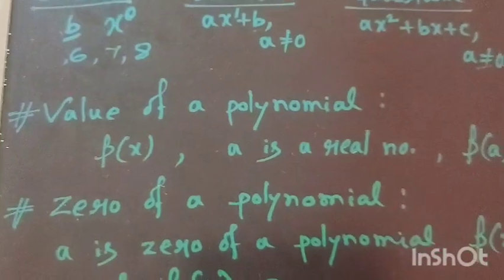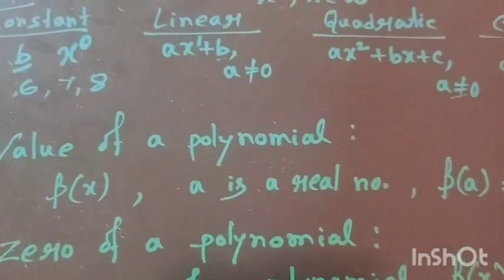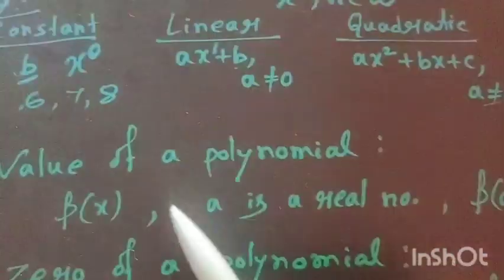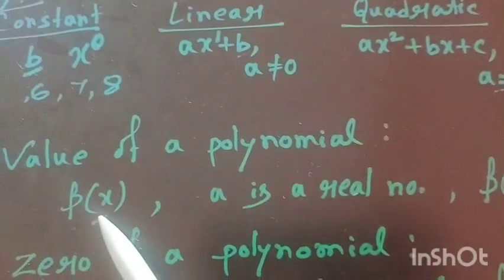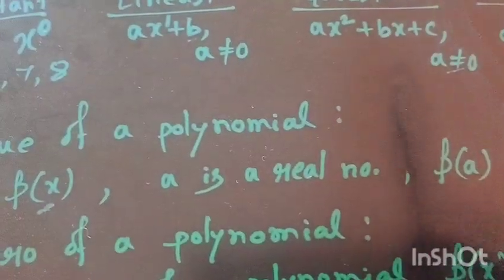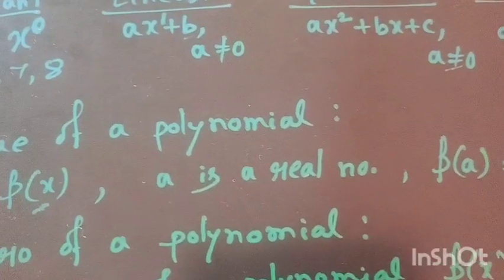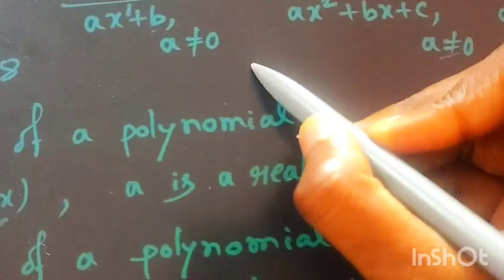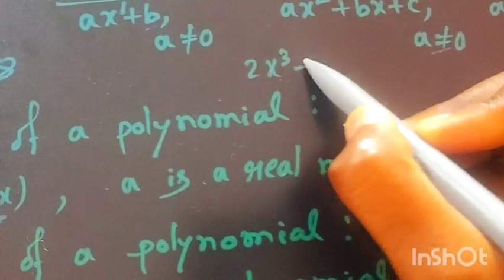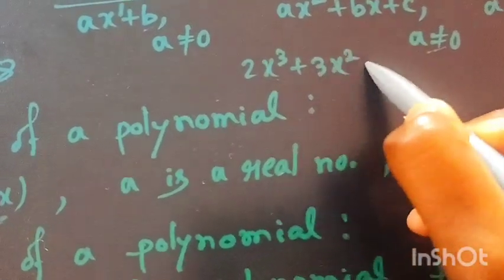So now what is the value of a polynomial? Let's say you have a polynomial p(x) equal to ax square plus bx plus c. Take an example, 2x cube plus 3x square plus 2.